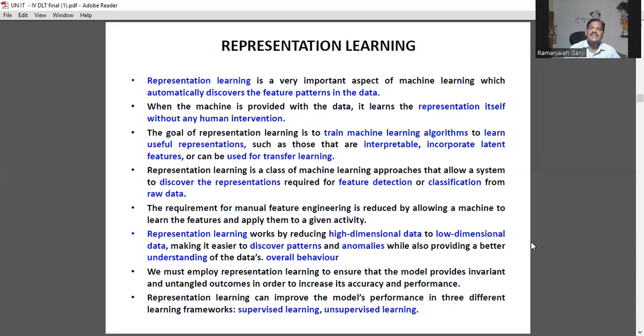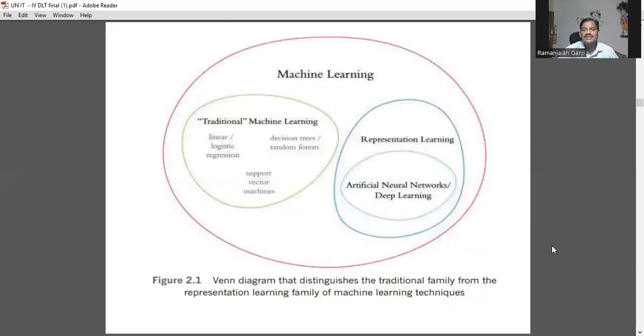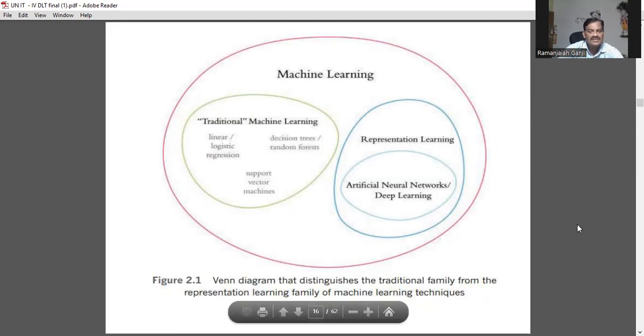Again, representation learning can improve the model's performance in three different learning frameworks, as you know: supervised learning, unsupervised learning, and semi-supervised learning. See this Venn diagram that distinguishes the traditional family from the representation learning family of machine learning techniques.